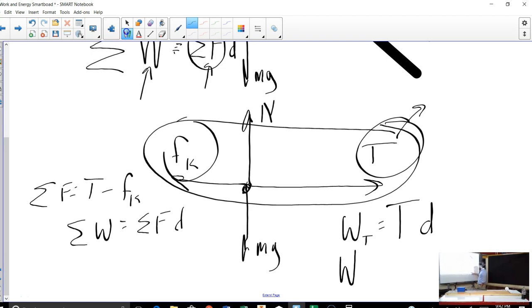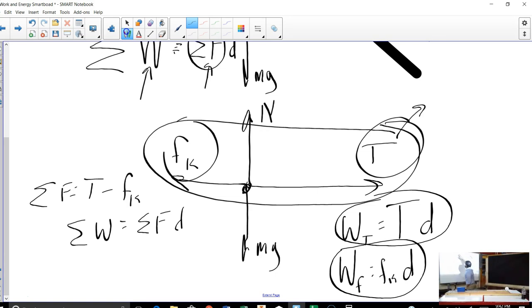Meanwhile, the work done by friction would be the force of friction, which is a smaller force, correct? Based on our diagram we discussed, it's a smaller force, times the same displacement. So this work would be smaller and negative, a smaller size, but a negative number. And this work would be positive and a larger number.